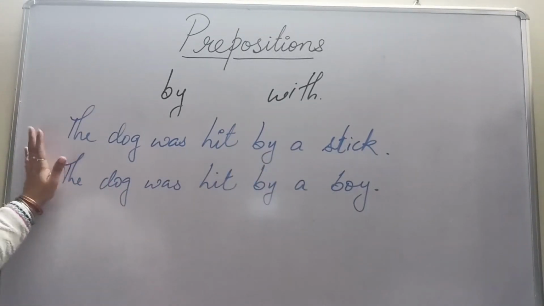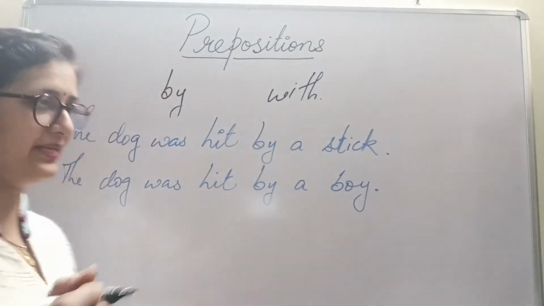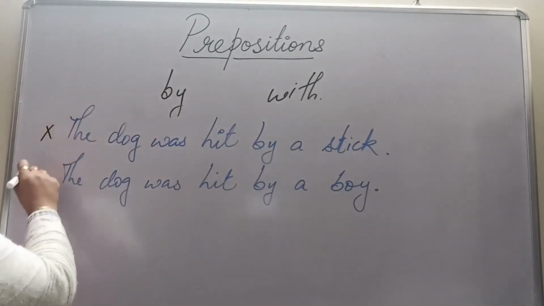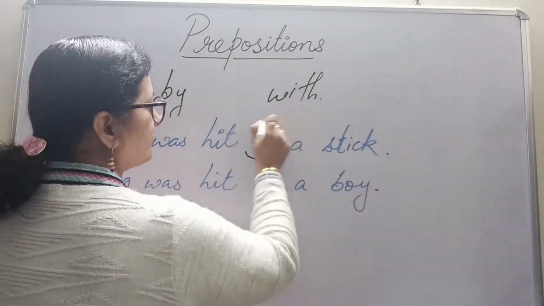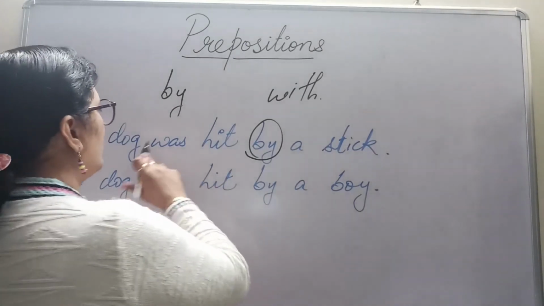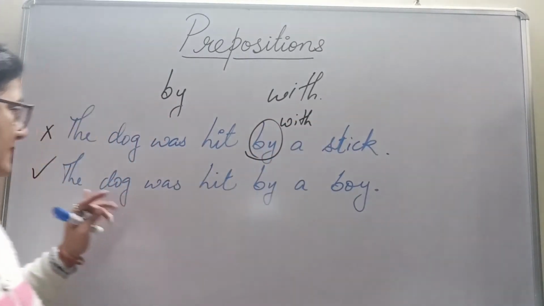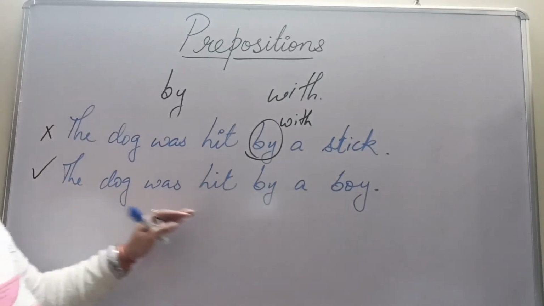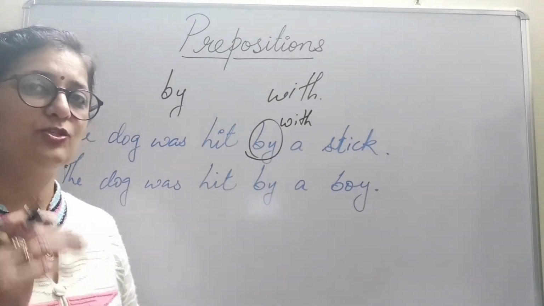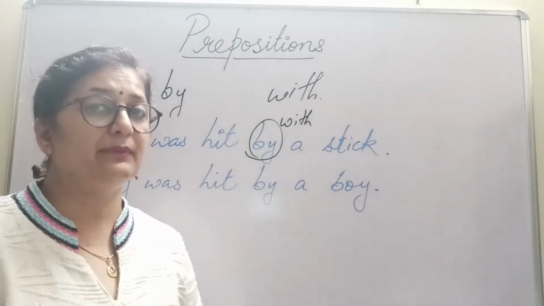The dog was hit by a stick is an incorrect sentence. We do not use by with a non-living thing. The dog was hit with a stick. But this is correct: the dog was hit by a boy. So when we use it for a living thing, we use by somebody something was done.